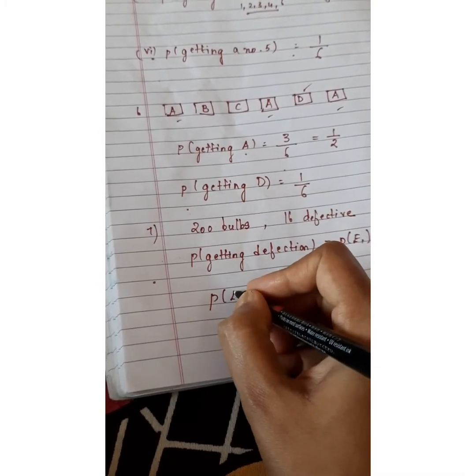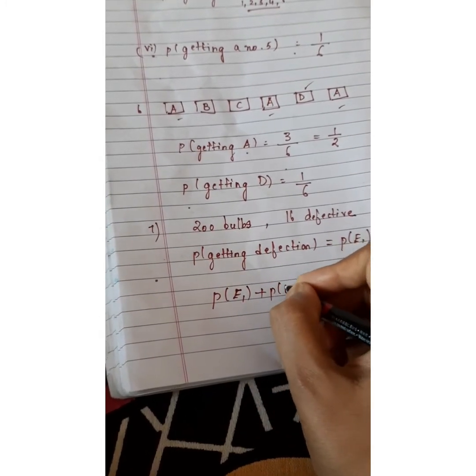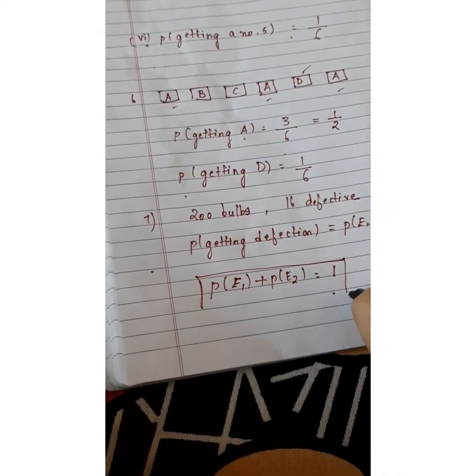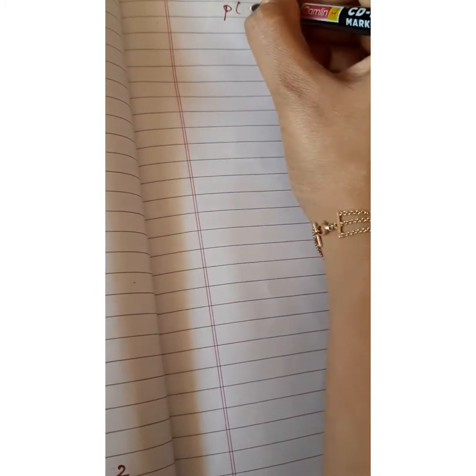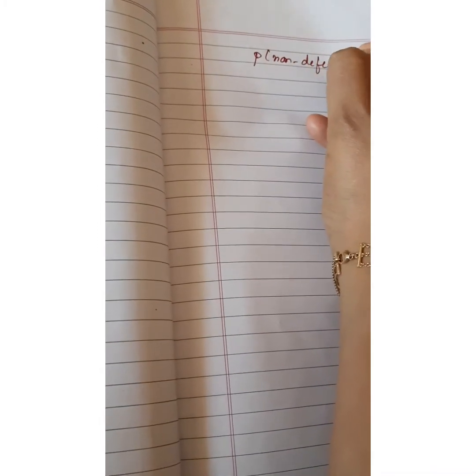Next is probability of getting non-defective bulbs. All possible outcomes, it's going to be equated to 1. So we already know the probability of defective bulbs, that's going to be 16 by 200.